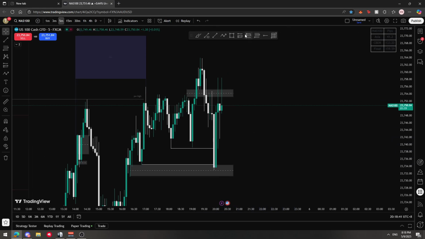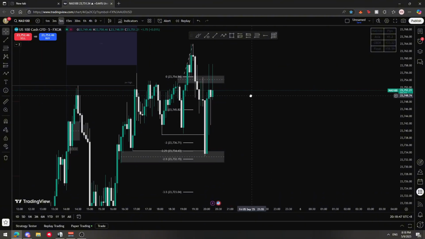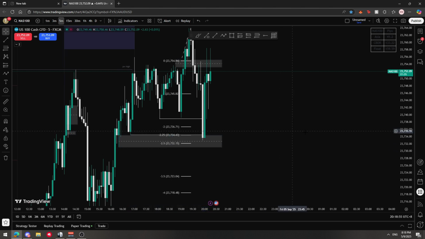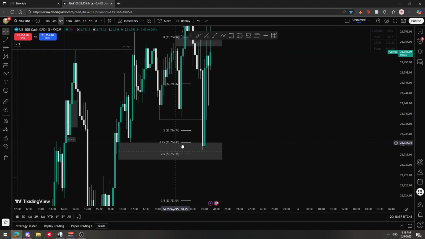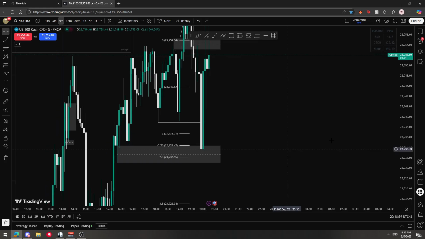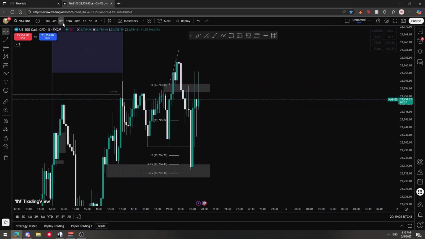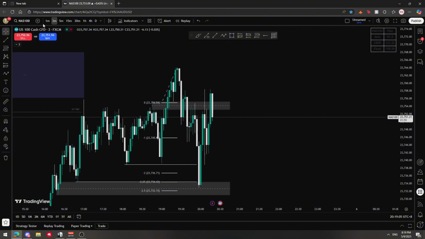So if we mark it from the latest swing high to the swing low, this negative 2.25 level lines up exactly with the liquidity right there. So if you really wanted to be precise with your entries, we go to the 3-minute or the 1-minute.